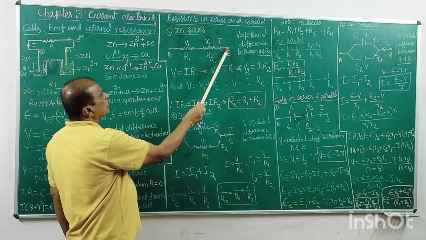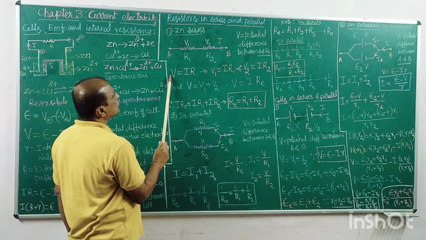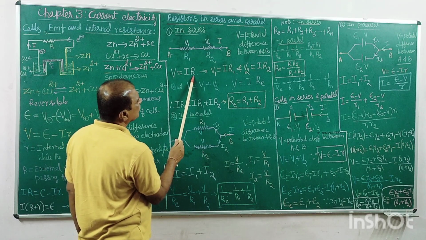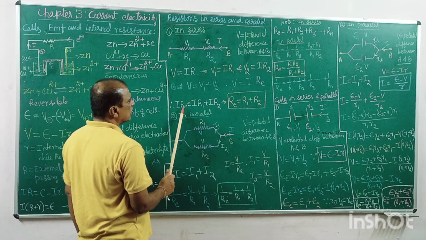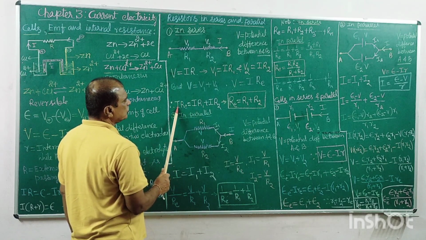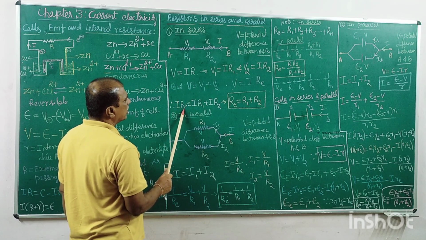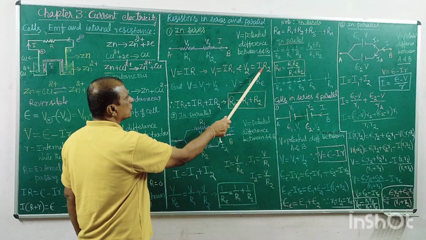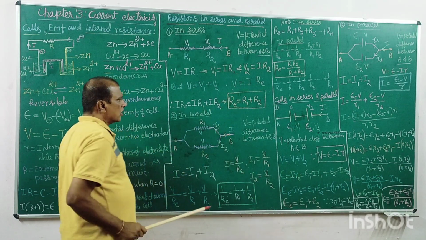And the total V is equal to I R, that is total potential, electric current, and this R, that is the resistance. So this is called effective resistance, the total resistance. So this V is equal to I R_E, this V1 is equal to this, V2 is equal to this. V is equal to IR.